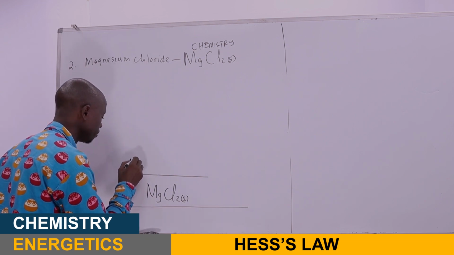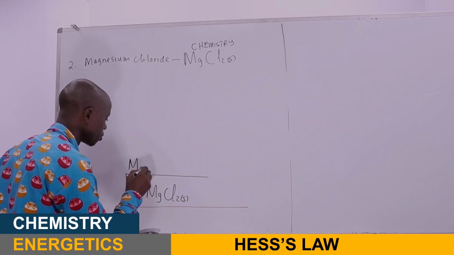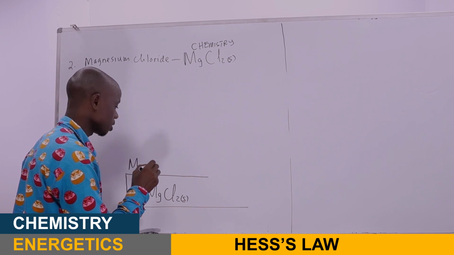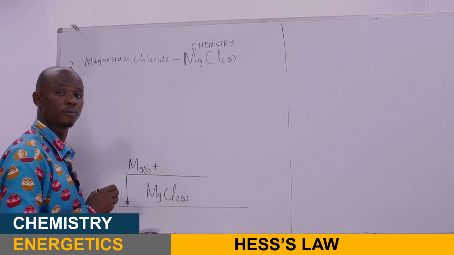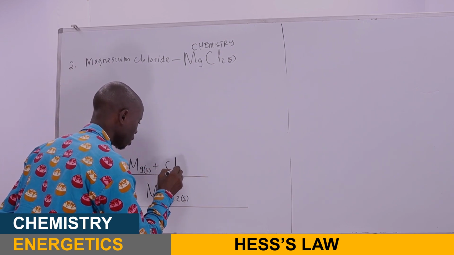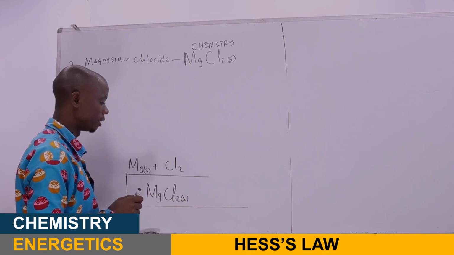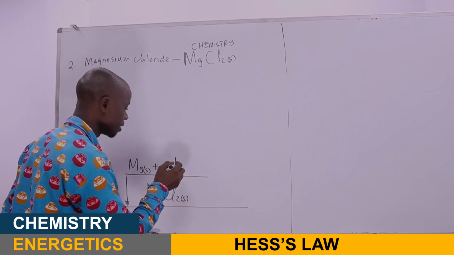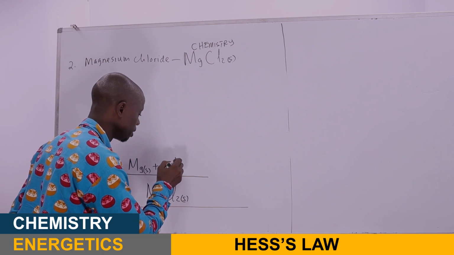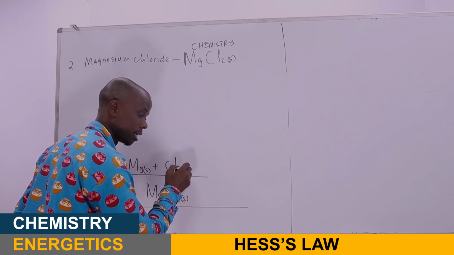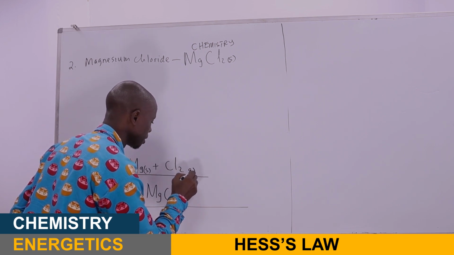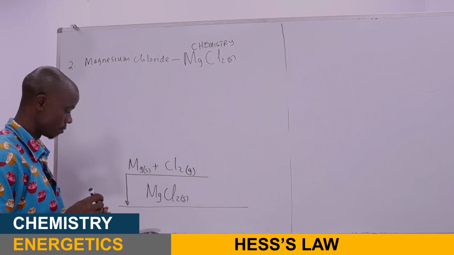So magnesium solid, because it is a metal, plus chlorine. The pure standard state of this element is a gas, the diatomic molecule. So this is the gas.